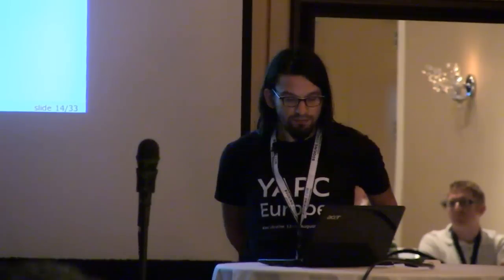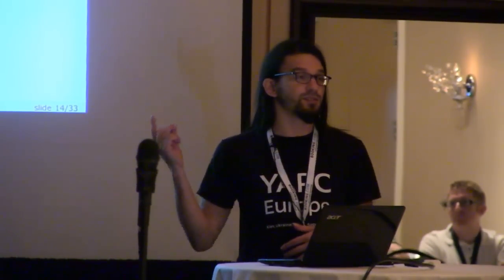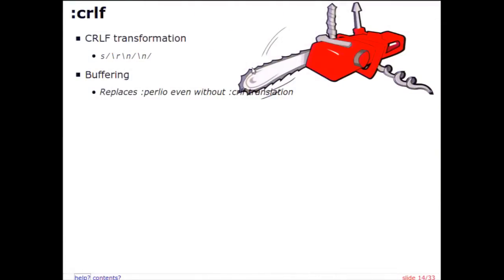So we have a CRLF layer that is doing nothing more than getting rid of all carriage returns before newlines on reading, and vice versa on writing, just adding them back in. Except that this is implemented very confusingly. If you have a handle and you introspect it and you see a CRLF layer, you cannot assume this is happening, because it has a flag.